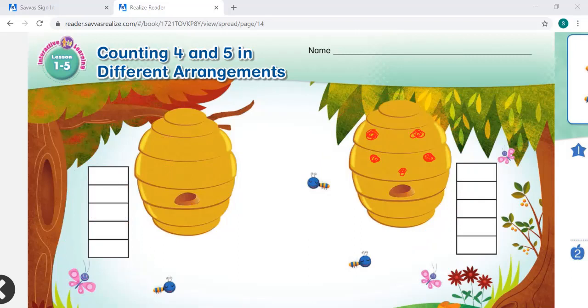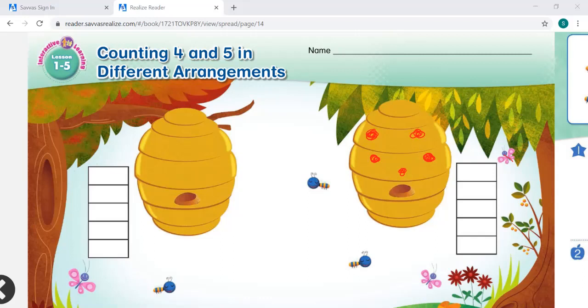How do you know? The counters moved, but the number of bees stayed the same. So how can you check your answer to be sure? There are 5 bees. You just count the counters. So if the last number you say is 5, then you have the correct answer.